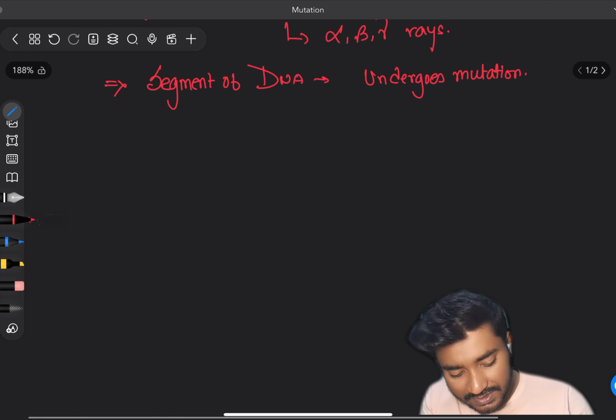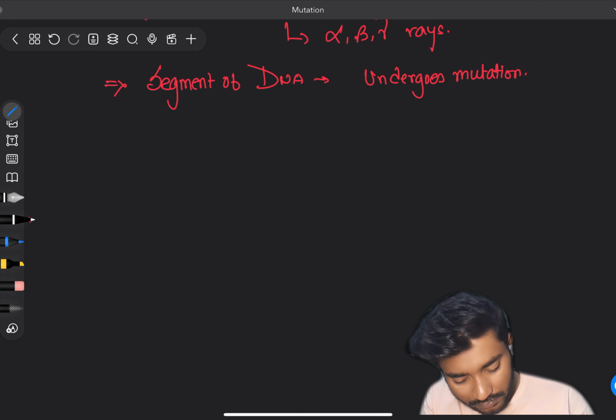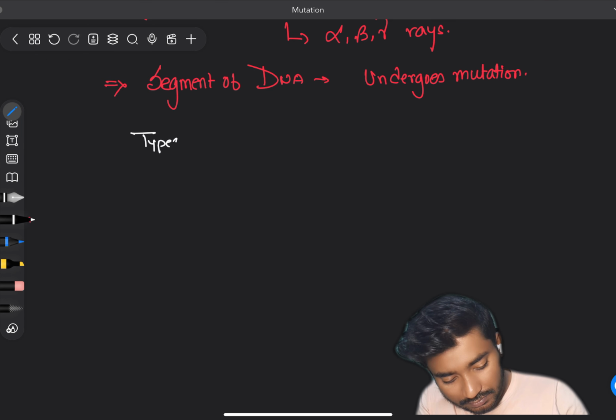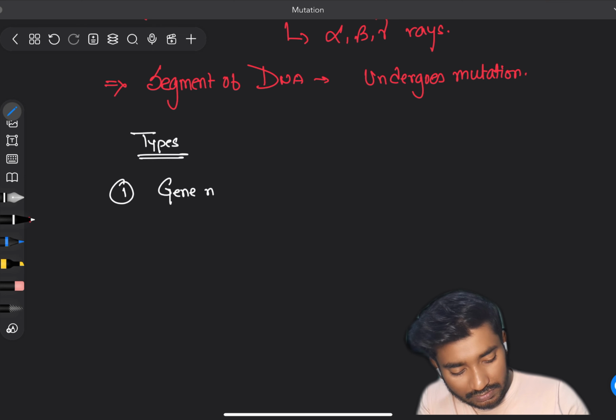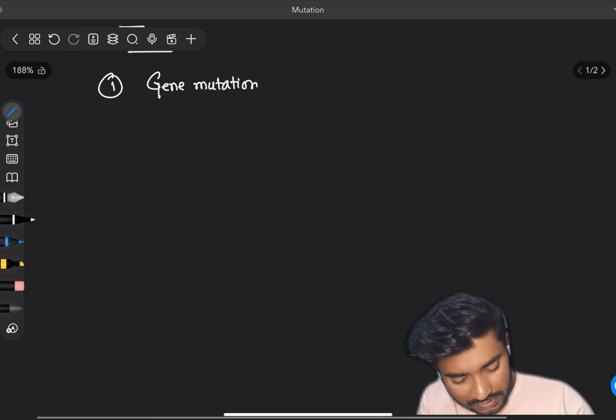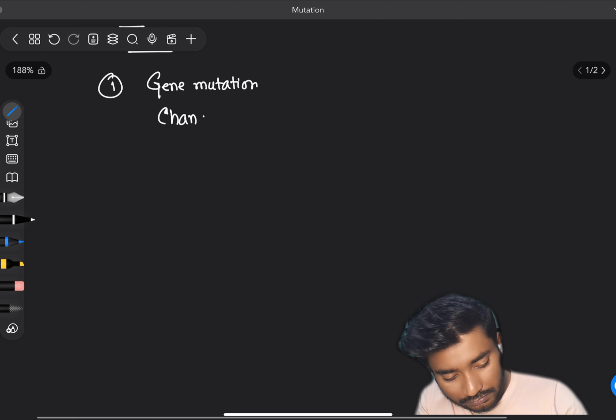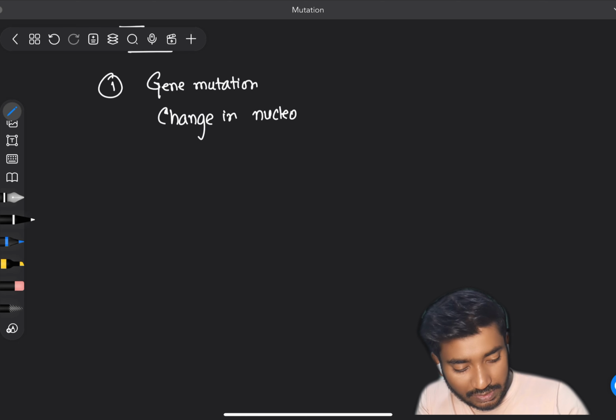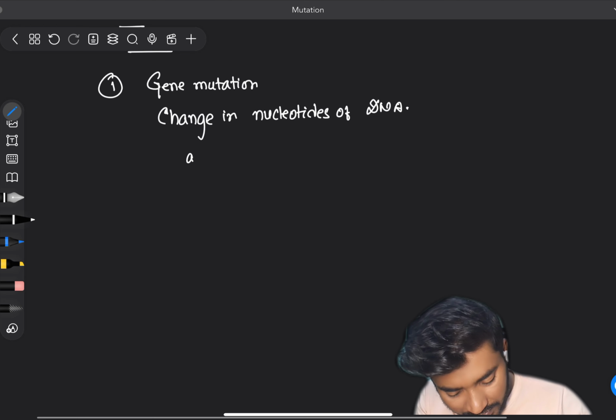Now, there are types. One is gene mutation, a change in the nucleotides of DNA.